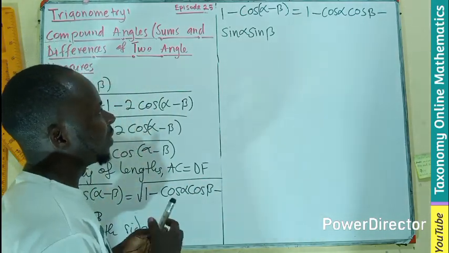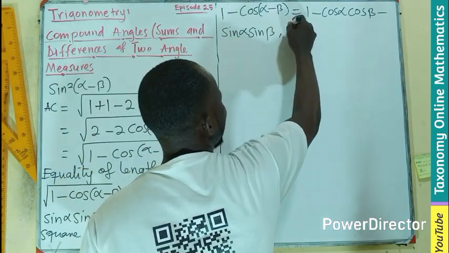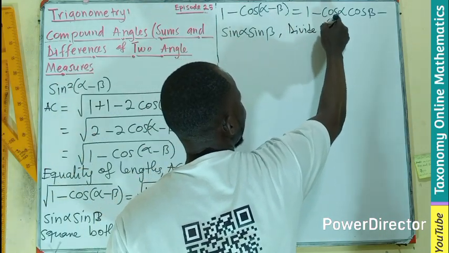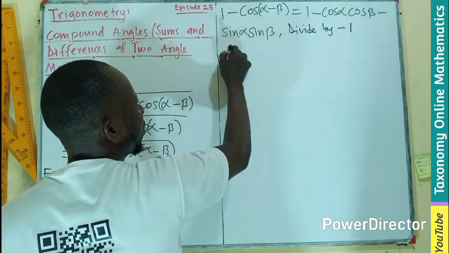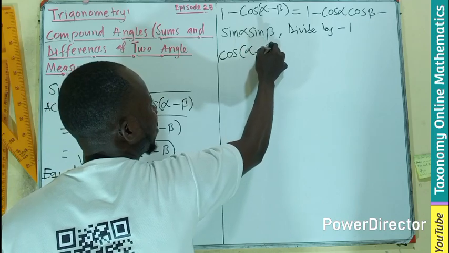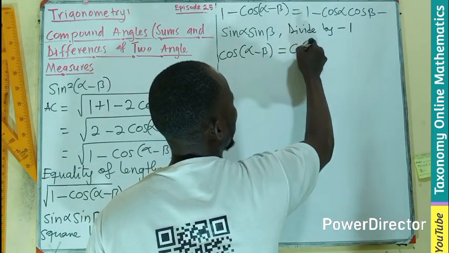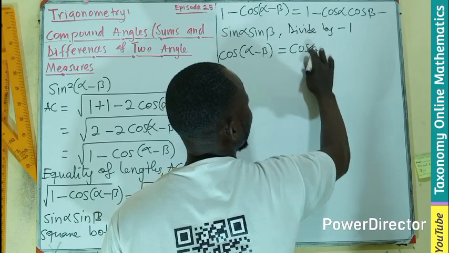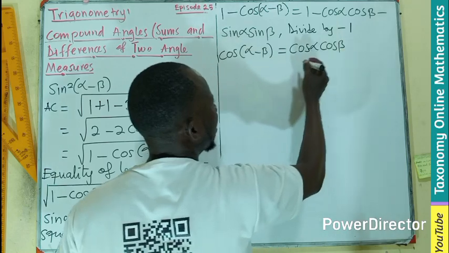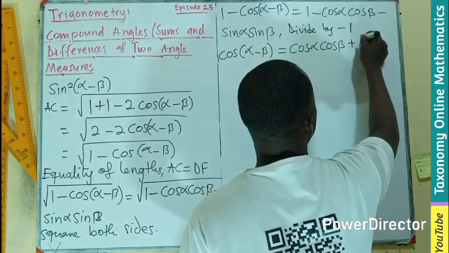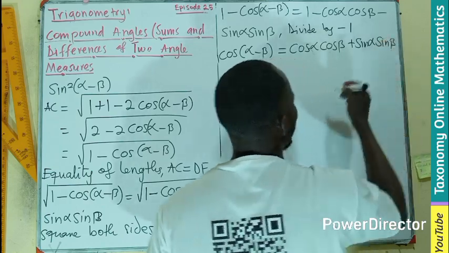So if you do that, you should be left with, let's say, divide by negative 1. Okay, so this gives me cos alpha minus beta equals cos alpha cos beta plus sine alpha sine beta.